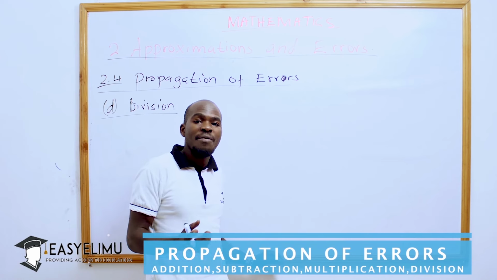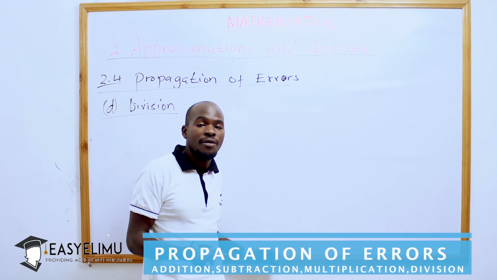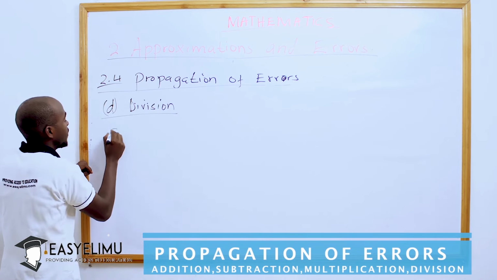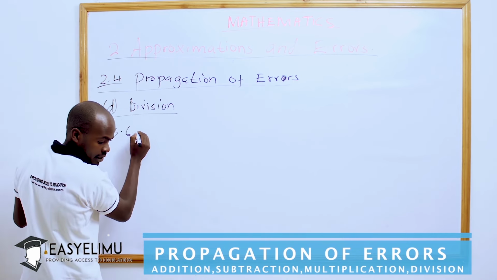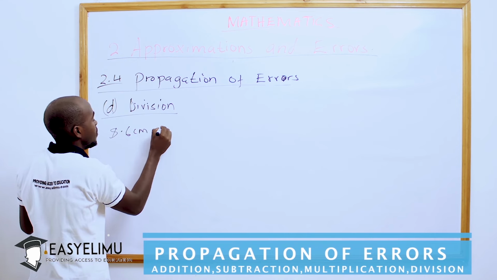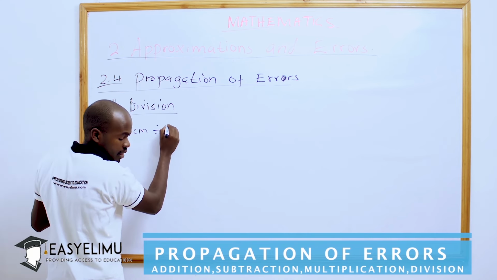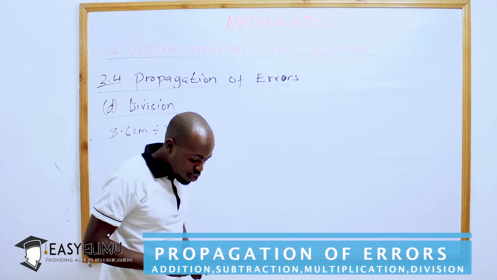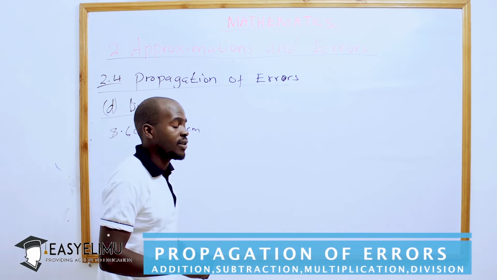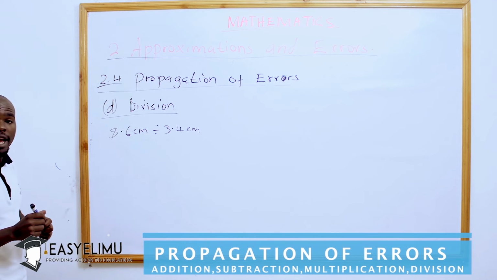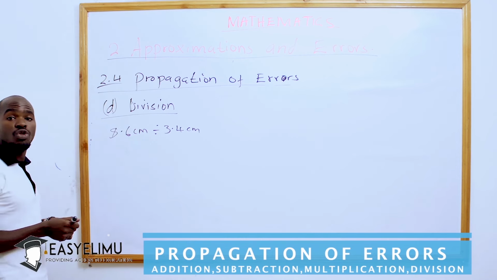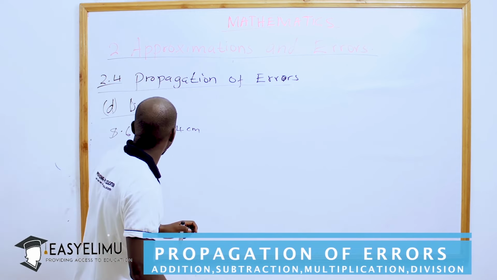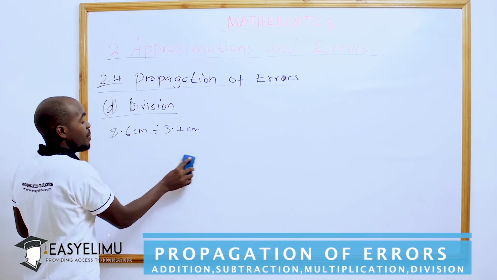Let's see how we may find quotients of given kinds of areas or measurements. For example, given 8.6 centimeter divided by 3.4 centimeter, find the absolute error in the quotient. So if you need to find the absolute error in the quotient, then what you should do here is find the limits within which the given measurement lies.